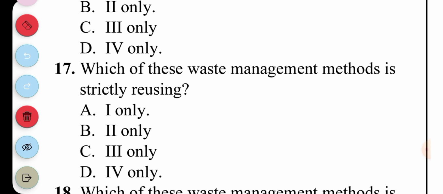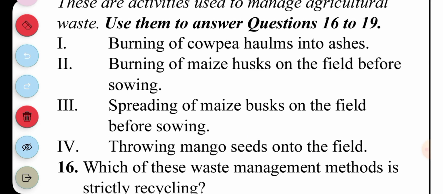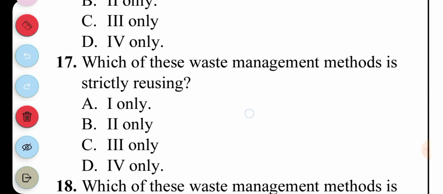So we are looking for something we are reusing. And looking at these, it is III, spreading of maize husks on the field before sowing. We are reusing it. So question 17, the answer is C.